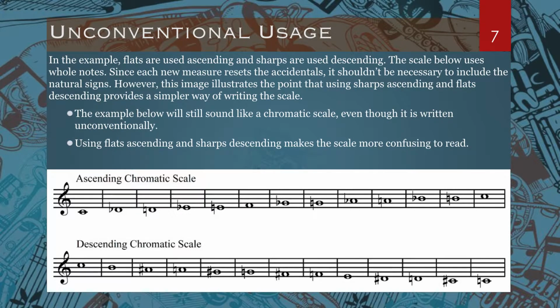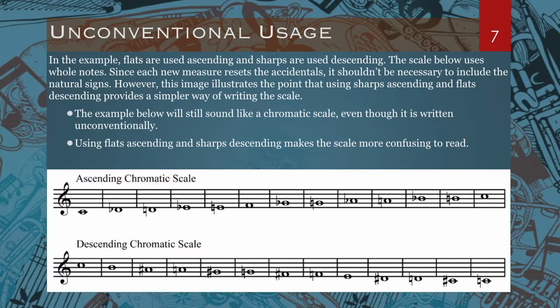So if you use an unconventional usage to write out the chromatic scale, this is what you'd end up with. If you had C going to D flat, then you'd have to indicate a D natural in the next measure. Now, since it's a new measure, you technically don't have to put that natural sign in, but it may cause confusion if you don't indicate that accidental, the natural sign in the third measure.